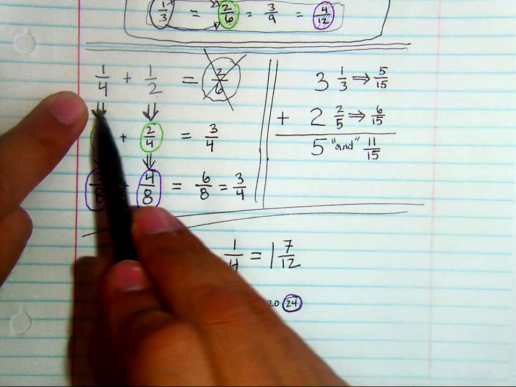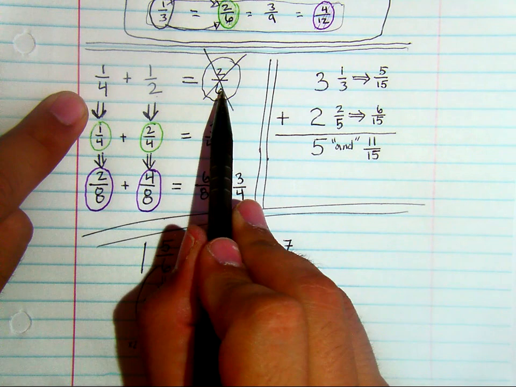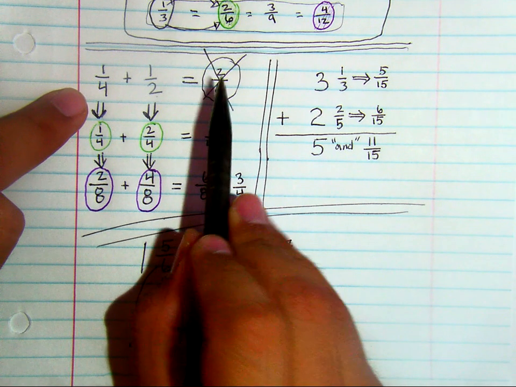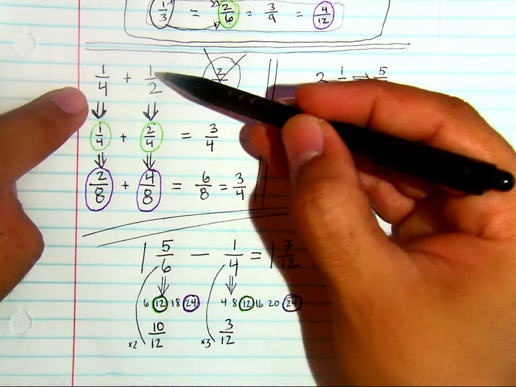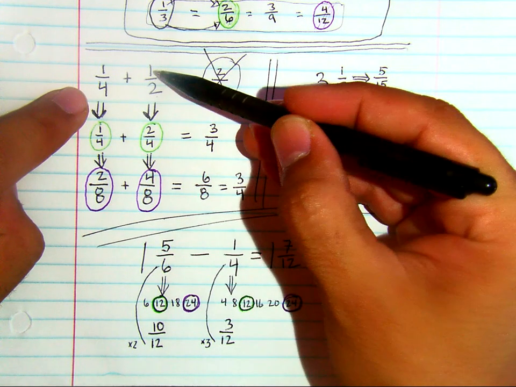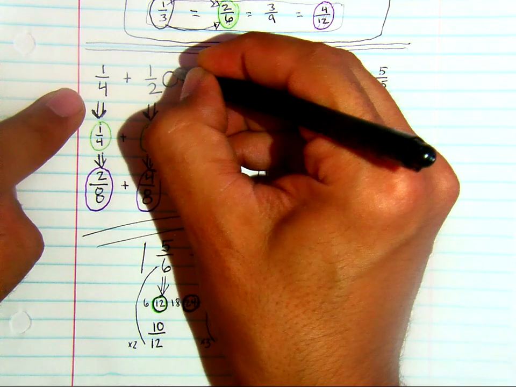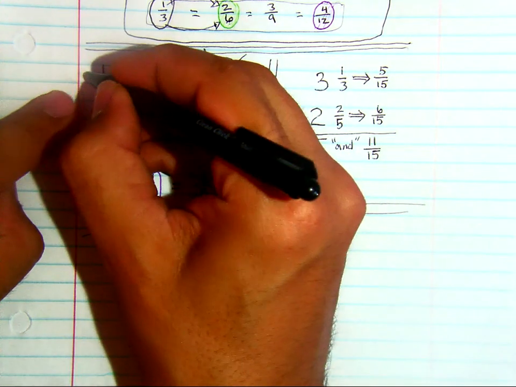You don't just add denominators. That's not what a denominator is. So 1/4 and 1/2, you have to break this 1/2 so that it is represented as a 4th.